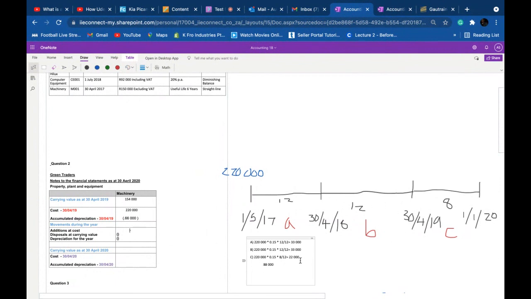So we're saying, okay, cool. There was another 22,000 depreciation. So 154 minus 22, you're saying 132. 132.